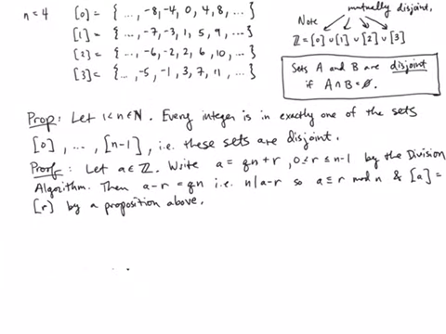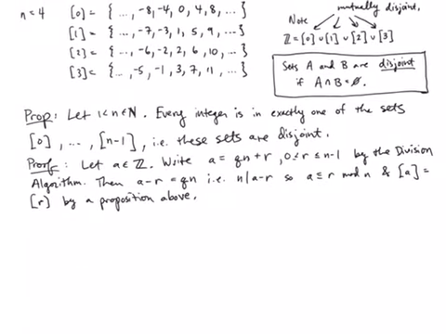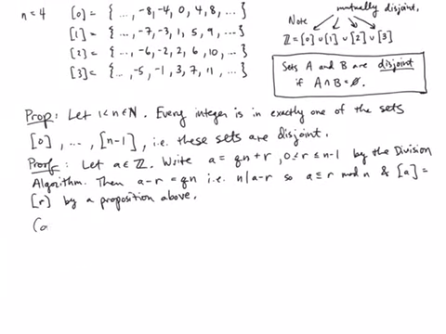And so to see that these sets are disjoint, we'll consider the equivalence classes of r and s, where 0 is less than or equal to r is less than s is less than or equal to n minus 1. And so r and s are two of these numbers between 0 and n minus 1. And let's say that they're different numbers.